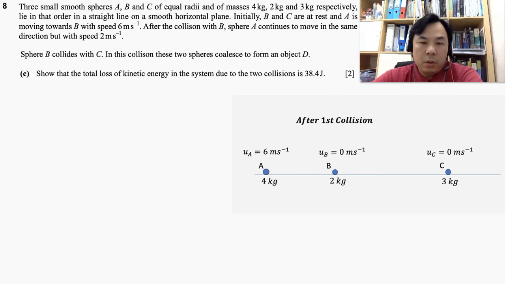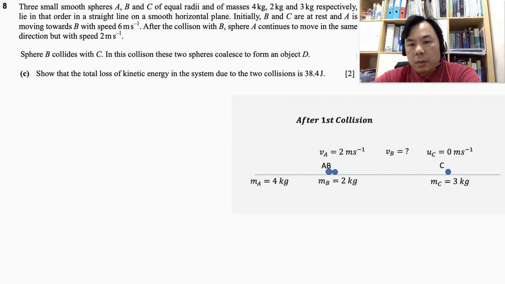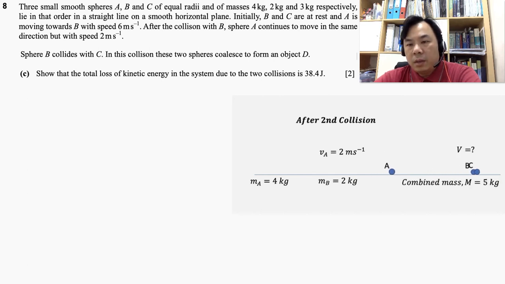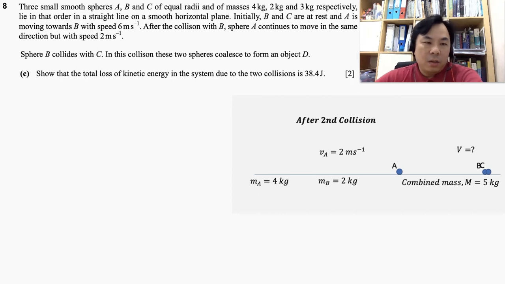Before we look into that, let's recap how the collisions look. A collides with B, and after the first collision, B will move. Before the second collision, B will collide with C, and after the second collision, BC will be moving as one body, object D.